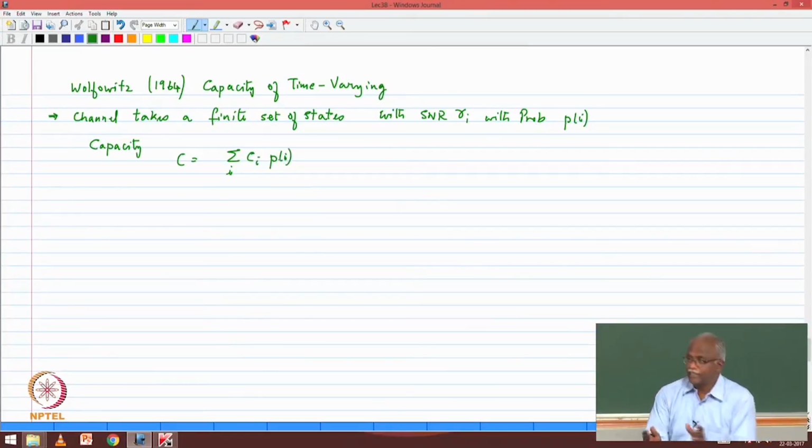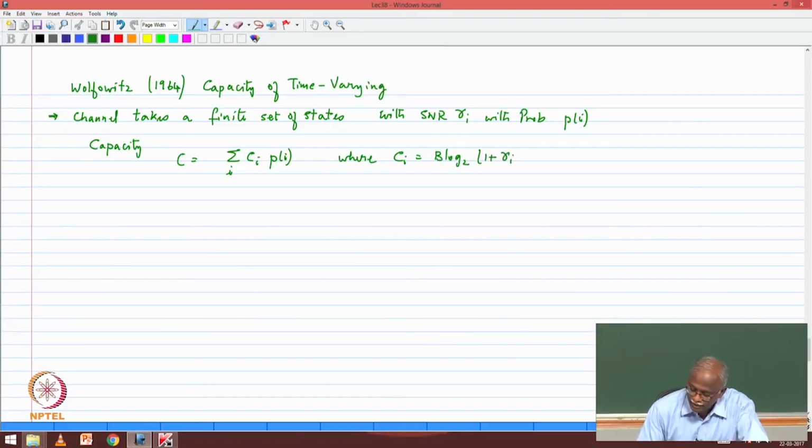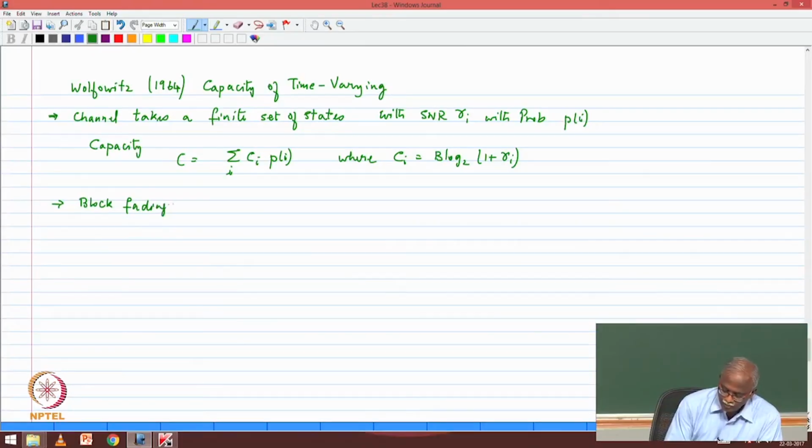Basically this looks like the ergodic capacity, where Ci is equal to B times logarithm base 2 of 1 plus gamma i. Okay. Basically this is the ergodic capacity. We are going to assume the block fading model. Okay.